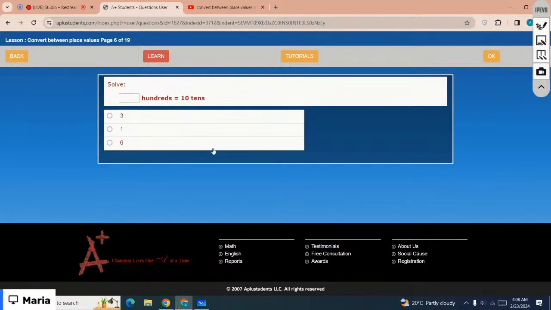Yes, 10 tens equal 100. The correct option is 1.